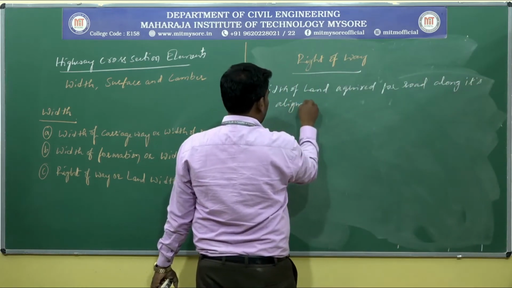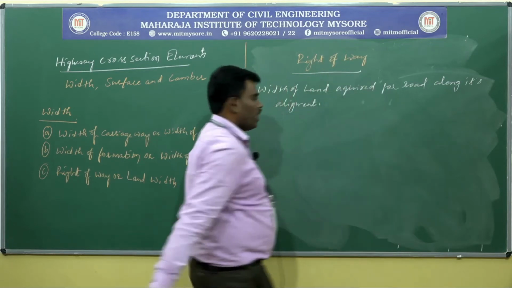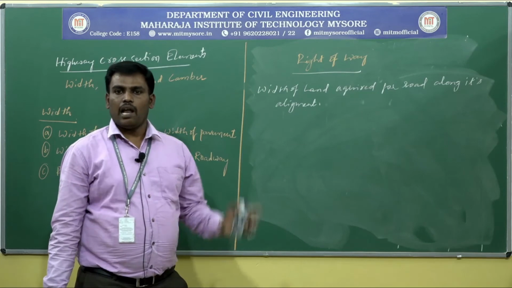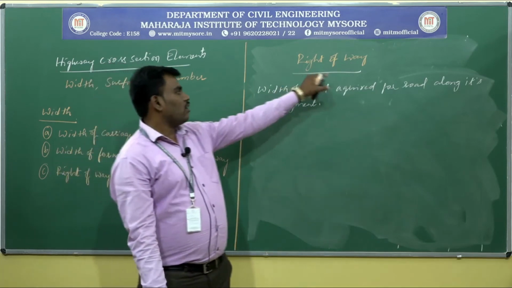That is called right of way or land width. Width of land acquired for road along its alignment, that is the right of way or land width.